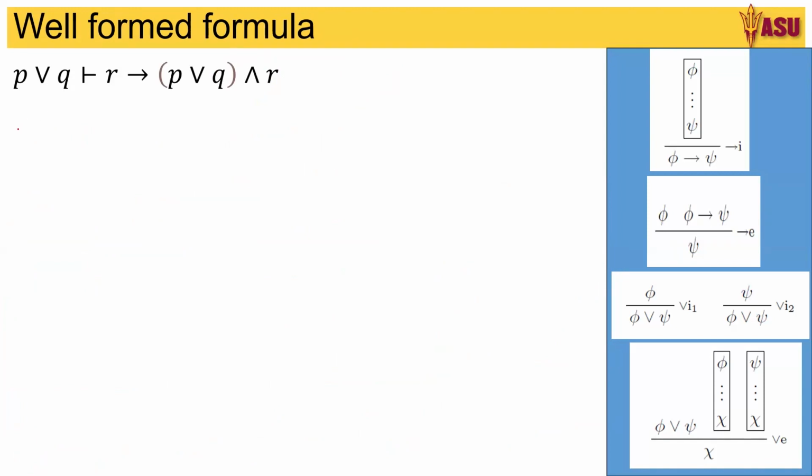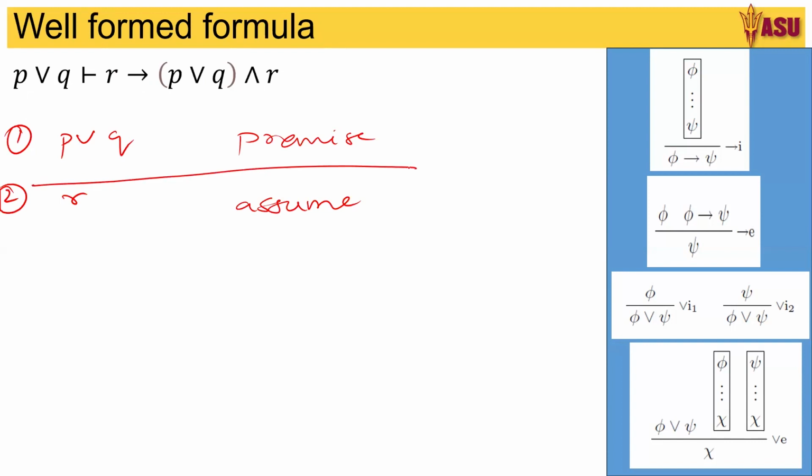All I need to do here is my premise is P or Q. So this is my premise. If I assume R, then from 1 and 2, I can say P or Q and R. So this is and introduction from 1 comma 2.